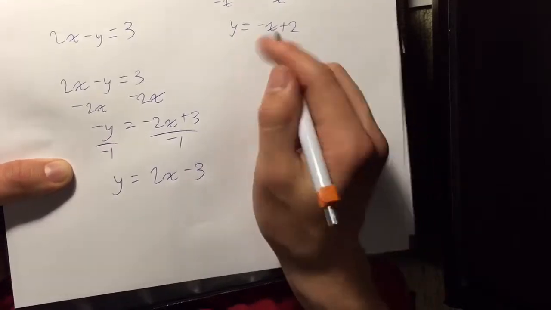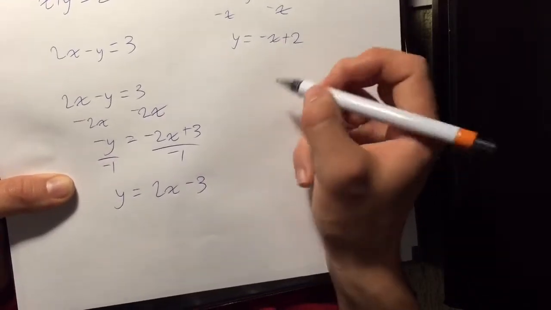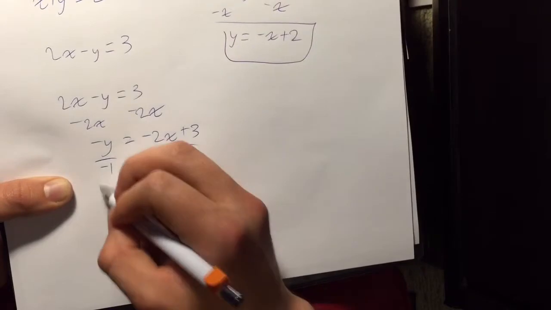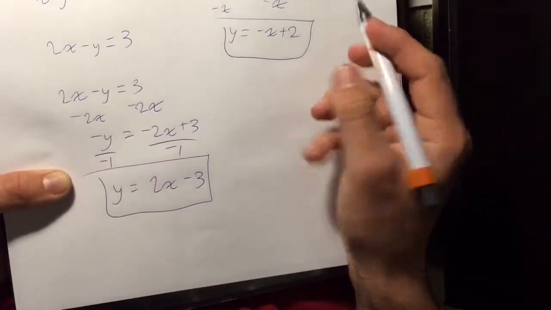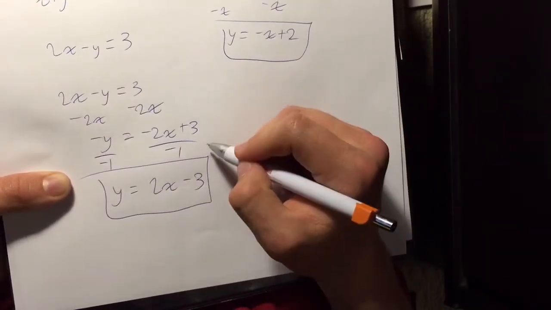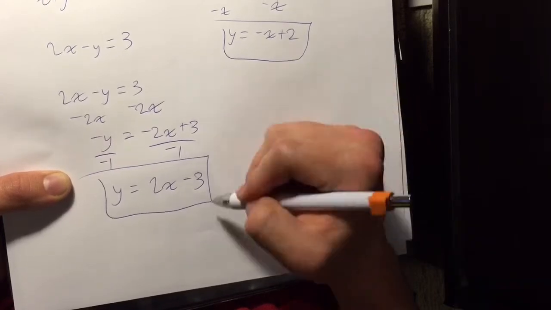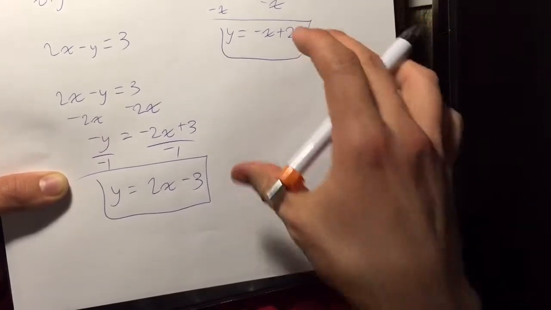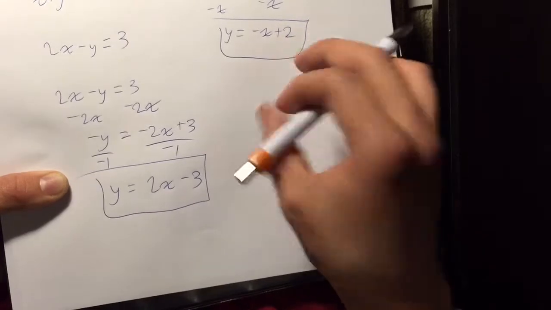So as you see, we've written them both in slope-intercept form. And what you see is that they have two different slopes and two different y-intercepts.